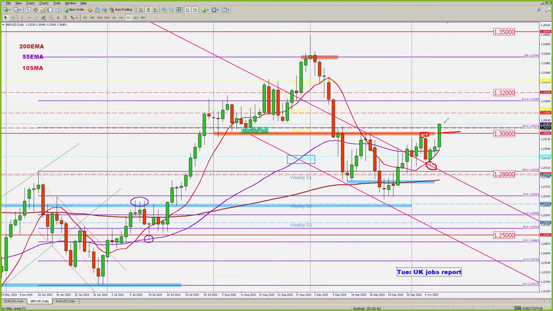So it's on its way to target 131 and perhaps eventually the 162 Fib extension at 131.60. We'll see if that can continue for next week.